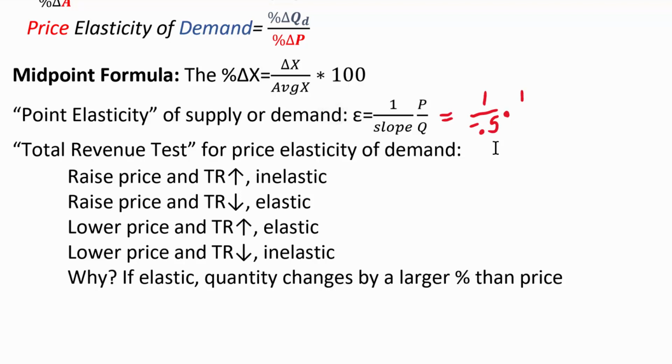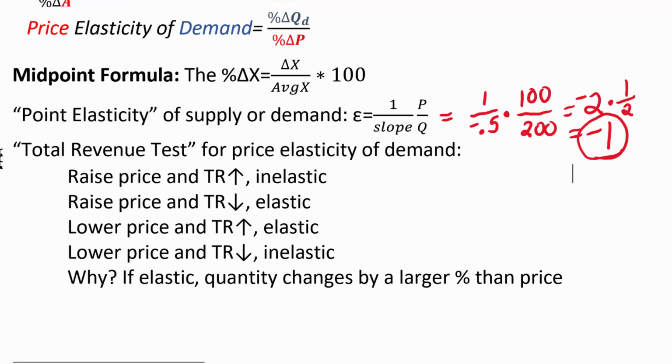I said suppose that the price is $100 and suppose that you're selling 200 units. Well, 1 divided by negative a half is negative 2, and 100 divided by 200 is 1/2, simplified. And so your price elasticity of demand is -1. So that's unit elastic. It's not elastic and it's not inelastic.